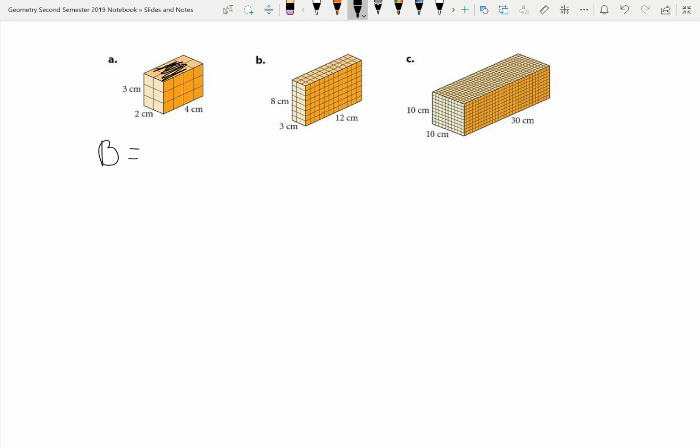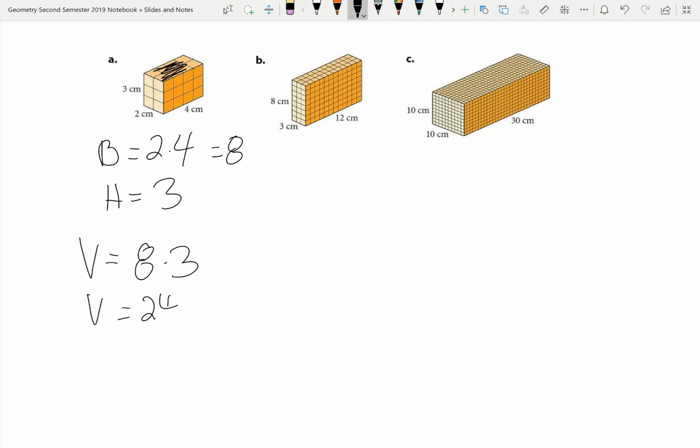In this case, we'll do the top and the bottom. That would be 2 times 4, which is 8. And the height in that case would be 3. So the volume would be 8 times 3, which is 24. And the units are cubic centimeters.